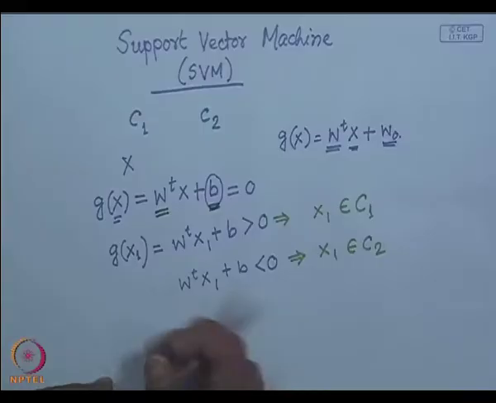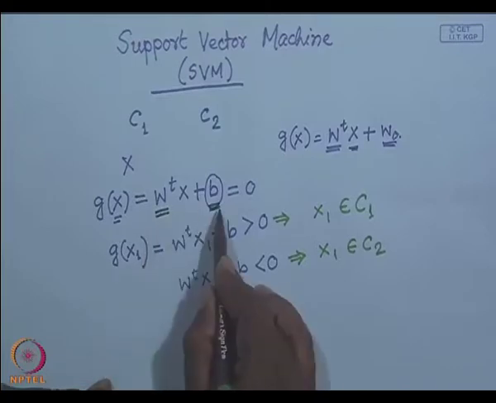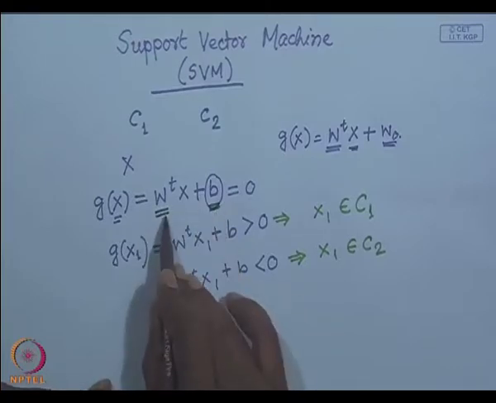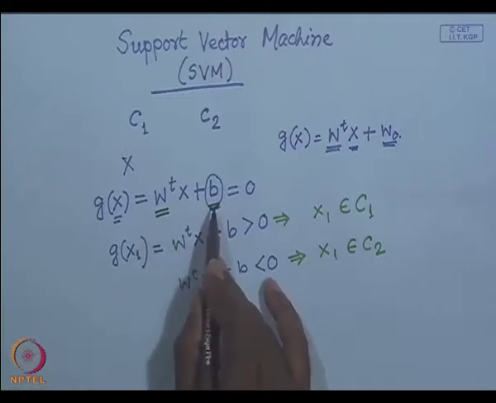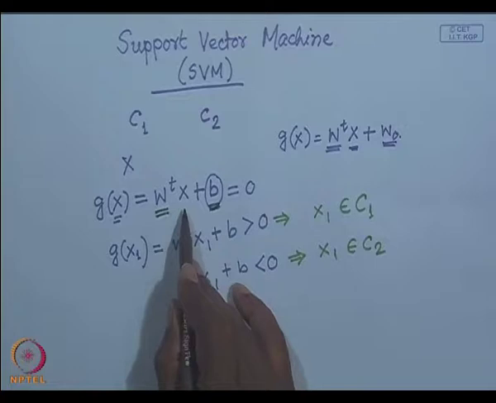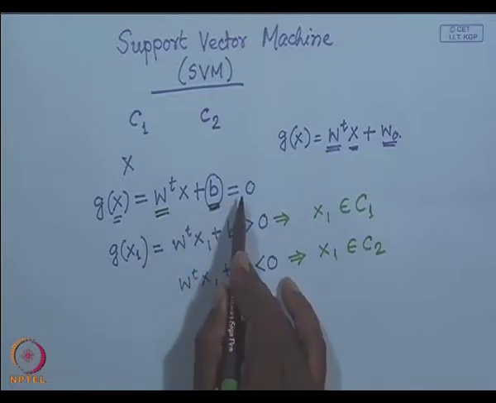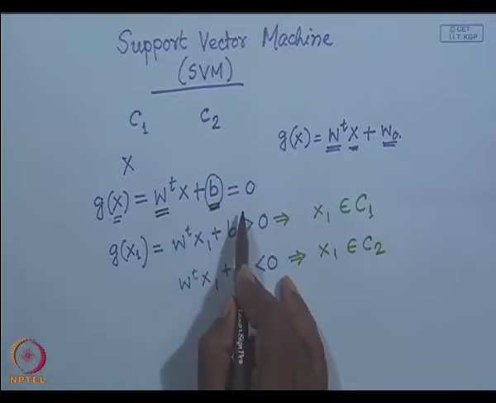So, using these training samples, training of the network was done in an iterative fashion. For every training sample belonging to class C 1, we started with an initial value of w and b, and we tried to see whether w transpose x plus b is greater than 0 or not, because we have taken a sample from class C 1, so it has to be greater than 0.